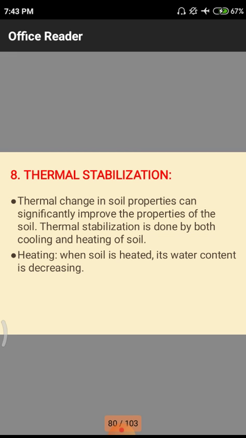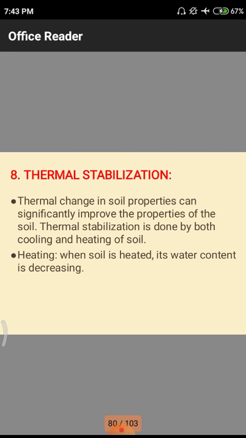To reduce those shear forces and stresses, we dewater the soil. Here we use thermal stabilization to reduce the total water content, which significantly improves the soil properties, that means plasticity properties, chemical properties and load bearing properties.